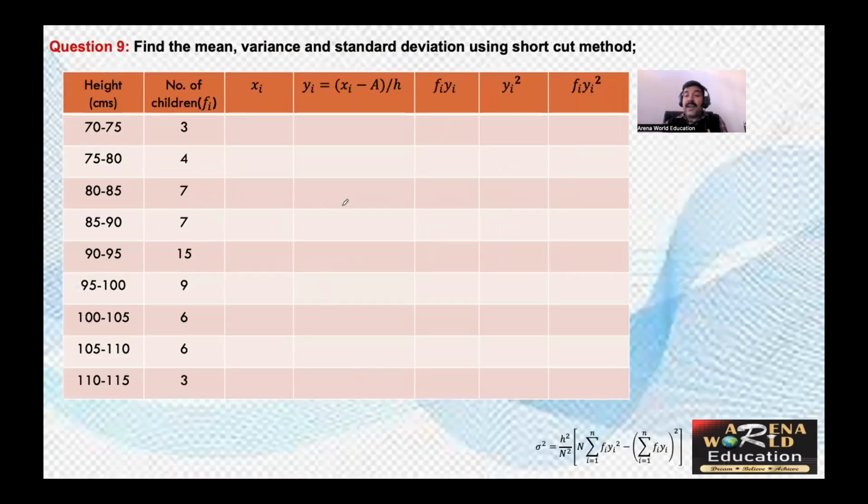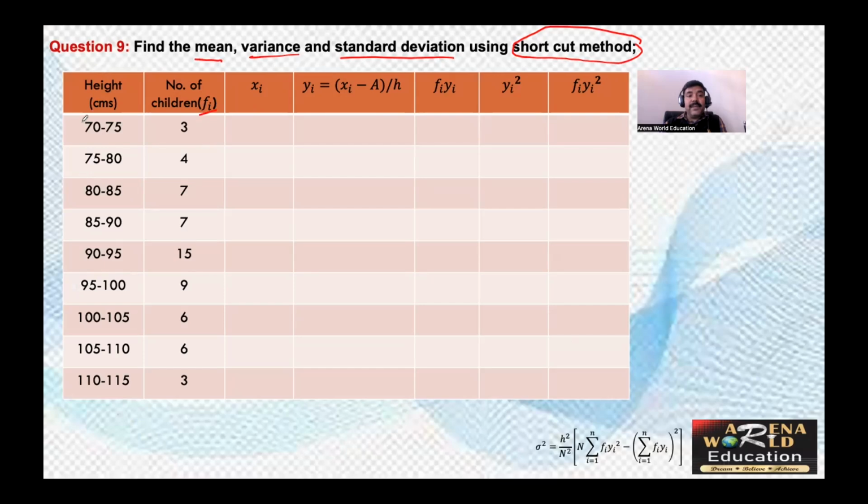In question number 9, we have to find mean, variance, and standard deviation, but using the shortcut method. You can see class intervals are given, fi's are also given. Now, the first step is to find xi. And how to find xi?